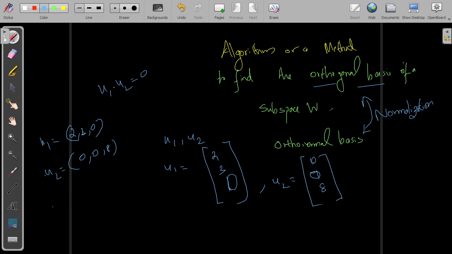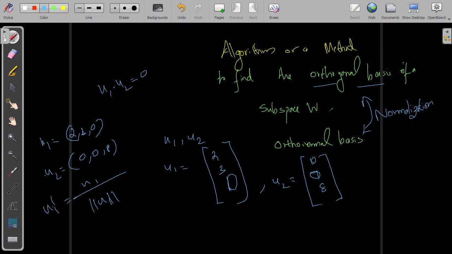Normalization means you divide all the entries of the vector by its magnitude, its norm. That means u1 divided by norm u1 gives the normalized vector u1 dash.